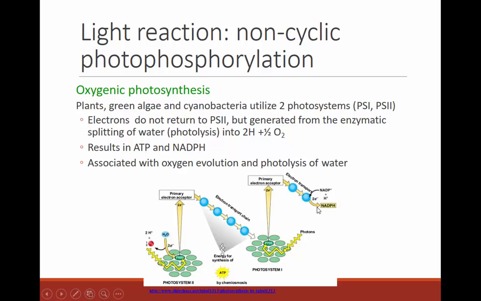So it's non-cyclic. You can't recycle these ones back here. The splitting of water actually drives the process. And so you get oxygen being produced and the breakdown of water for that. Everyone see that?